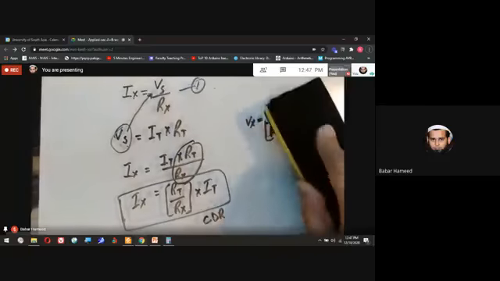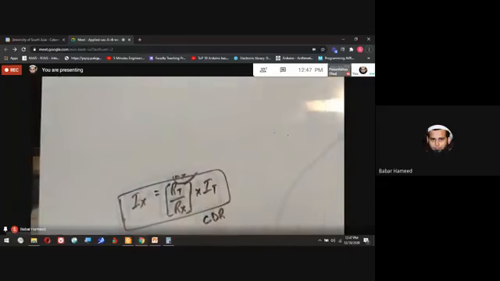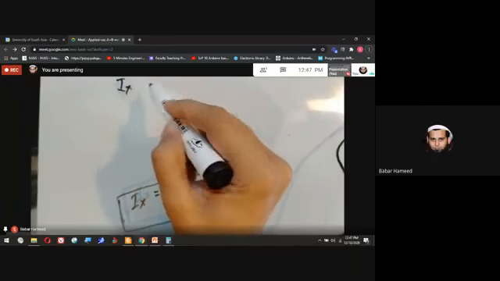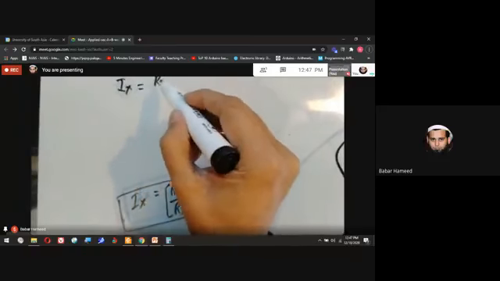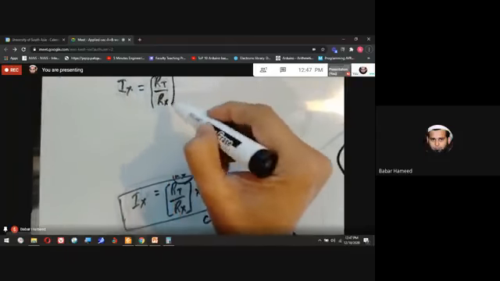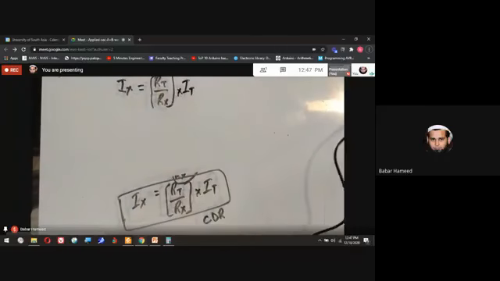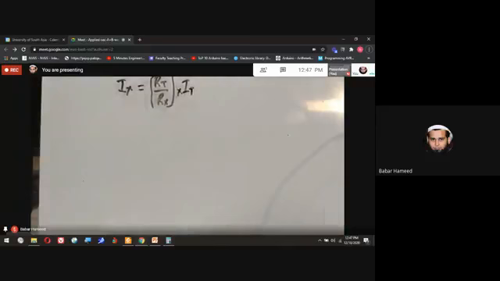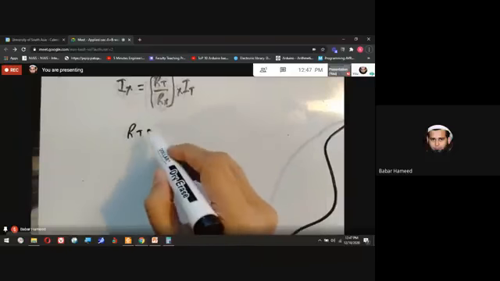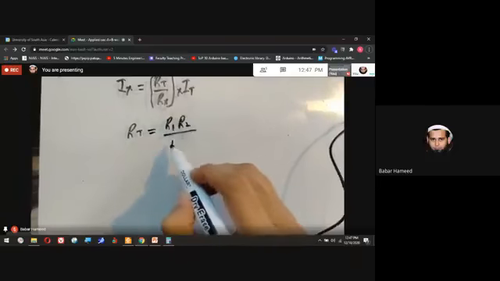So keep this formula on one side: Ix equals RT over Rx times IT. And you had better remember that the total resistance of two parallel resistors equals their product over their sum.